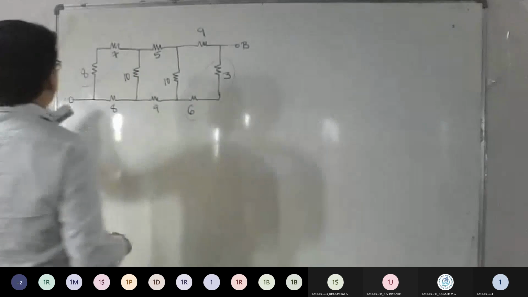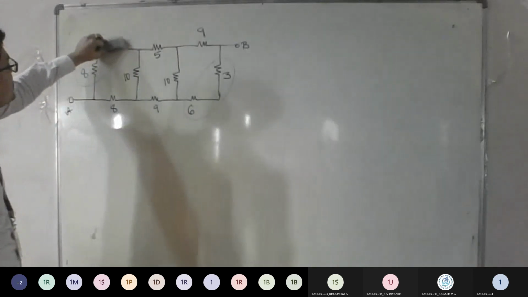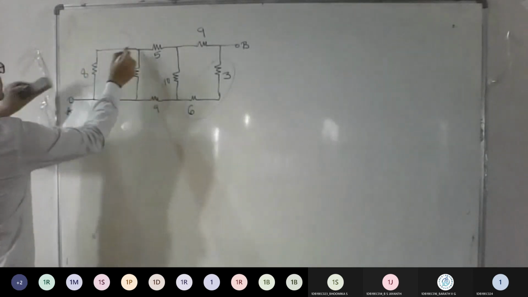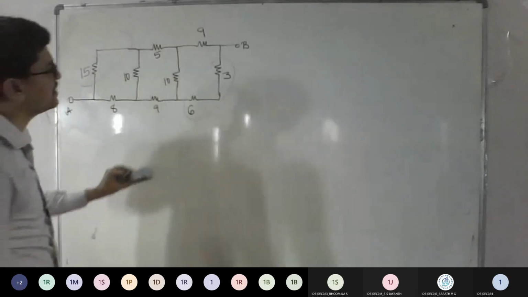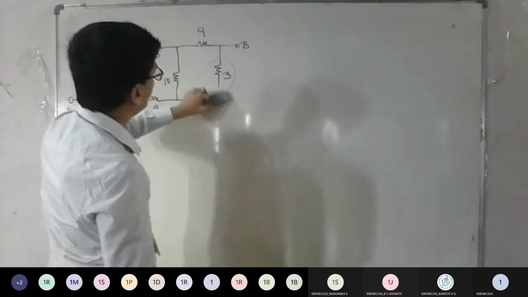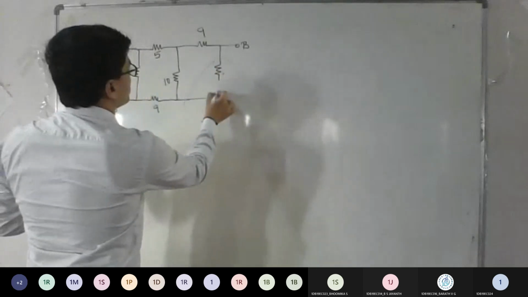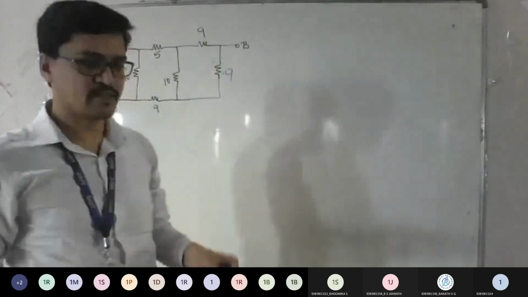So you can write 8, 7 combination to one resistor and equivalent value becomes 15 now. Similarly, you have one more elimination and this becomes 9, right?